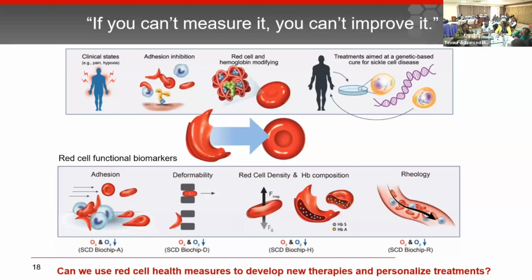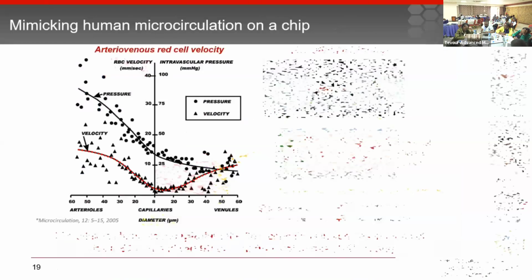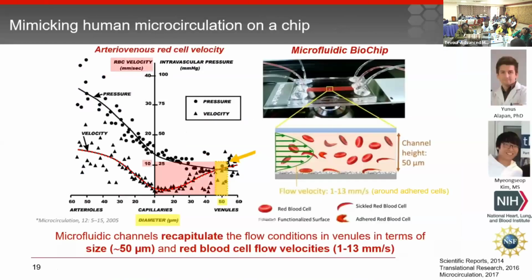To mimic the rheology of the blood cells, the earlier students developed a flow assay that measures how red blood cells travel within a capillary. In these assays, we actually mimic the exact environment of these capillaries.